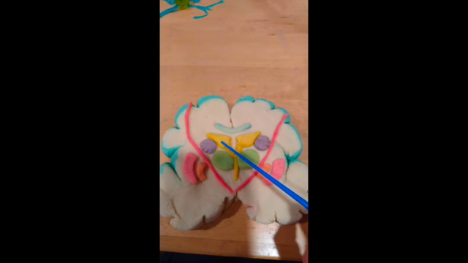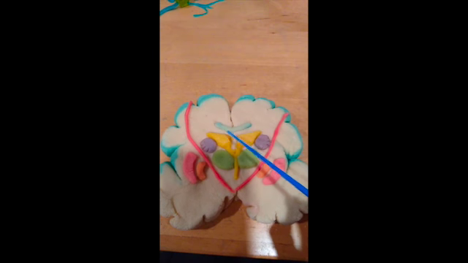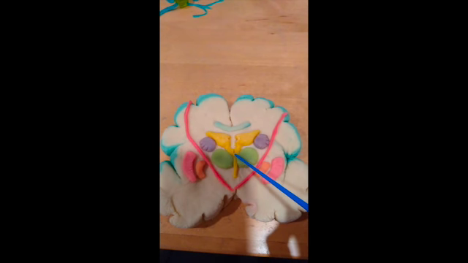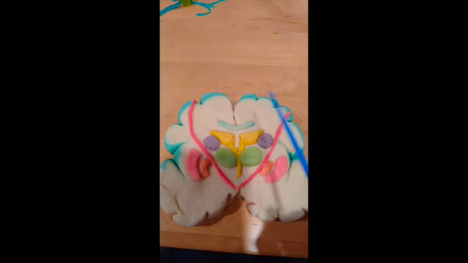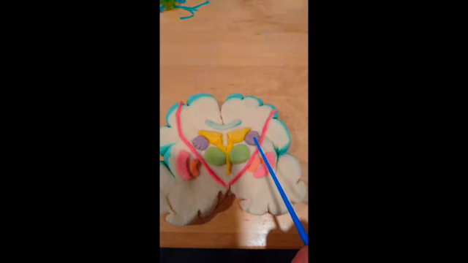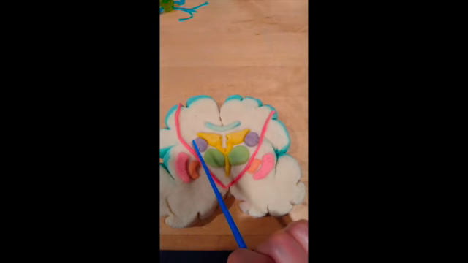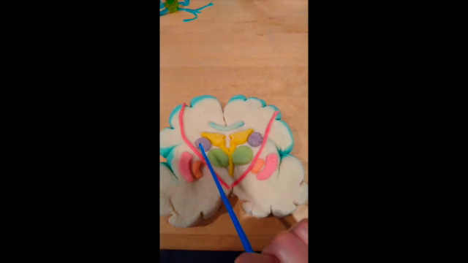Here we also see the ventricles. These are the lateral ventricles, and the third ventricle here. And here we also can see the caudate nucleus.